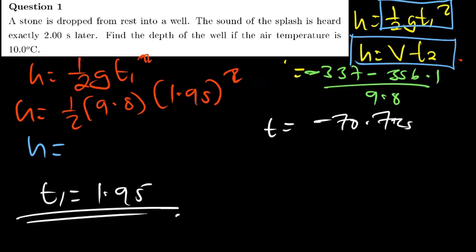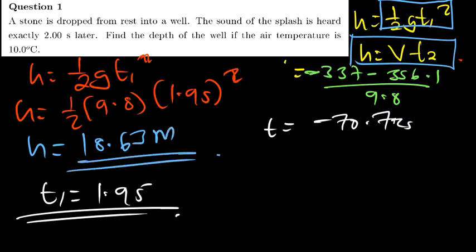Let me redo it. We have 1.95 squared times 9.8 times 0.5. So I'm getting 18.63 meters. So this is the height of the building.